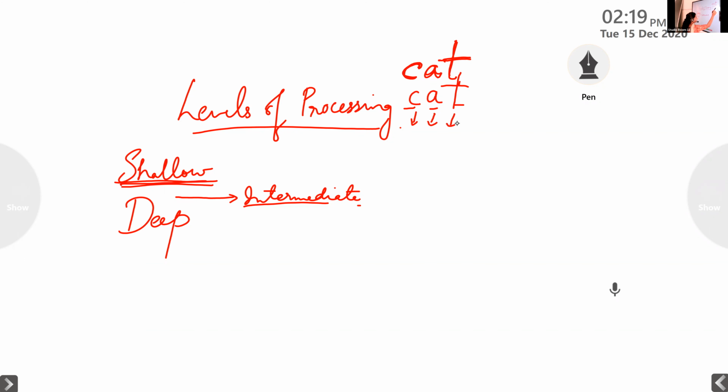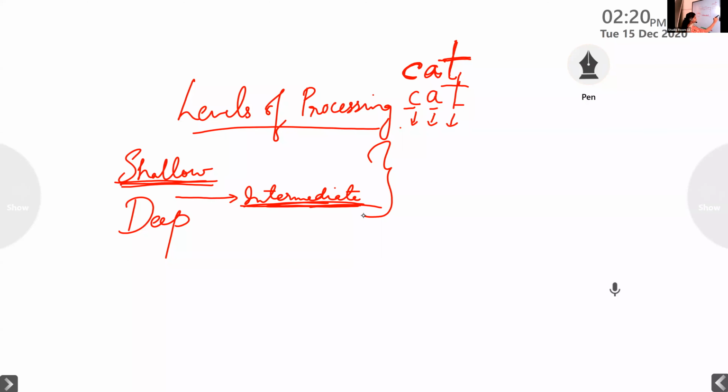This might be t. Like that we might make phonetic sounds regarding the basic alphabets, basic structures that you saw. That might occur at which level of processing? Intermediate level of processing.